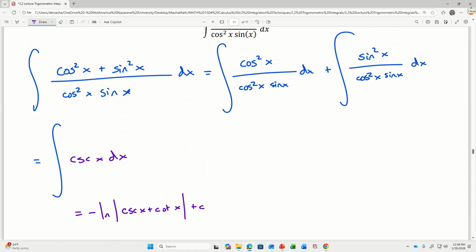The second one is sine squared divided by cosine squared divided by sine, which is sine divided by cosine squared. This is secant times tangent.